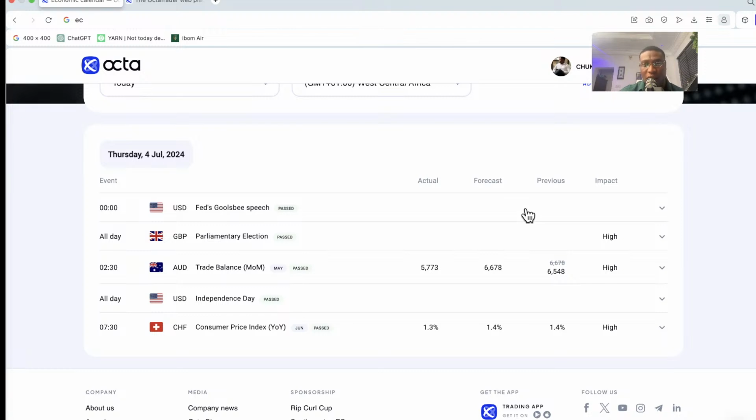You also have to keep in mind that the Federal Reserve is a key player in formulating and also carrying out monetary policy in the US. And this includes interest rate decisions, all that. So very important that you pay attention to speeches and reports from board members or the Fed chairman generally.